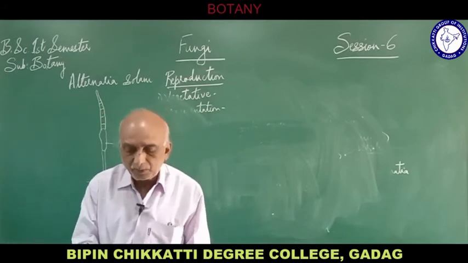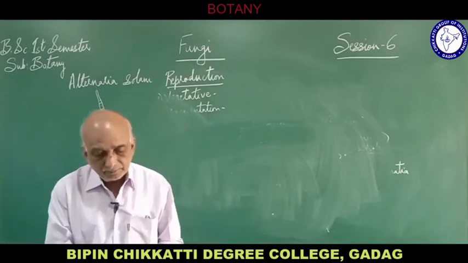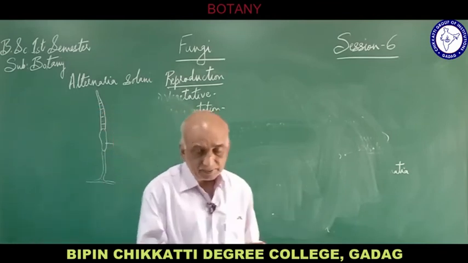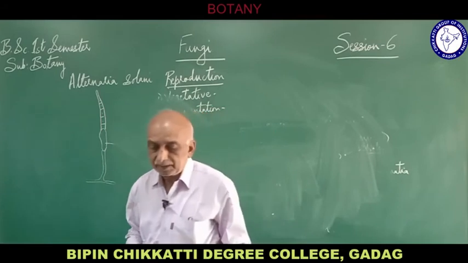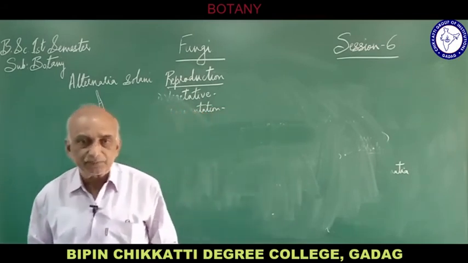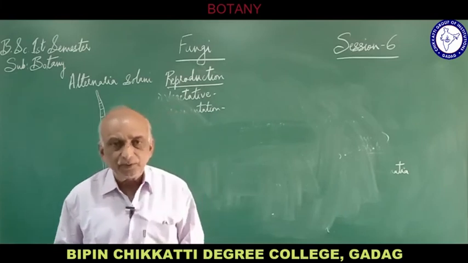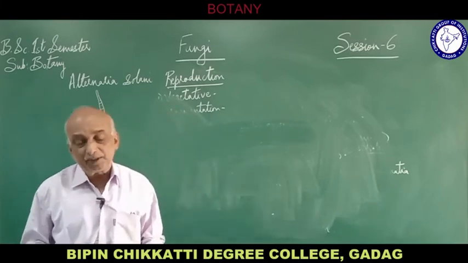And there is one more lichen called Cladonia, which is used as food for reindeer. Hence it is called reindeer moss. It is also used as food for cattle. And lichens are also of ecological importance.